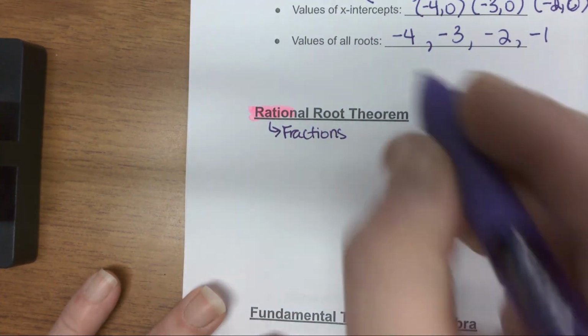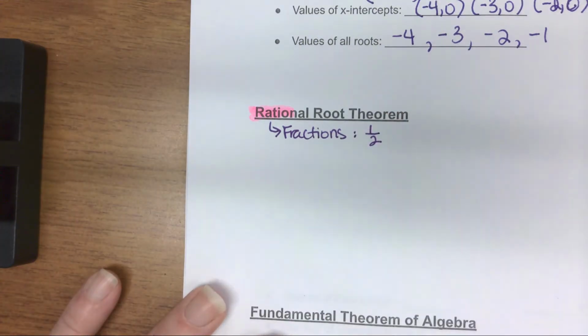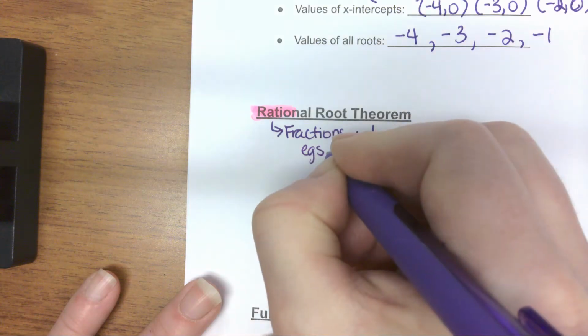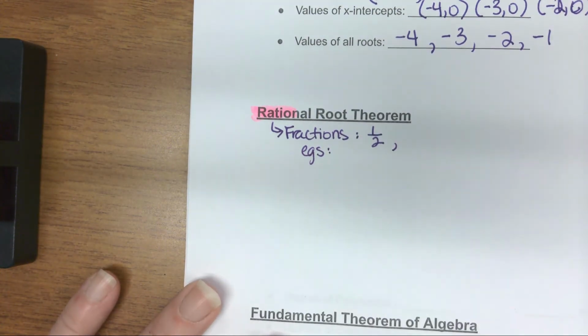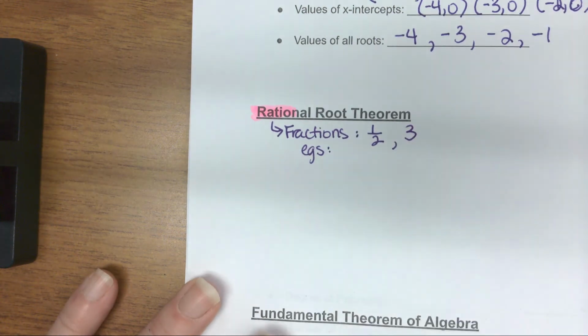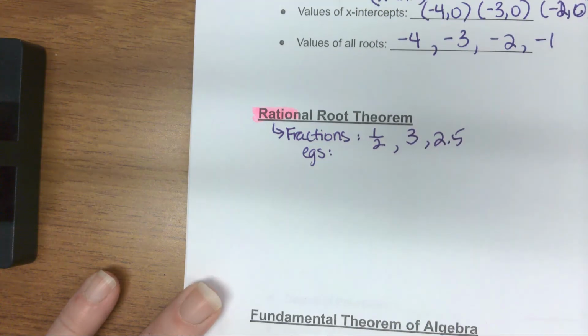So an example of a rational number would be 1/2. These are just examples. How about 3? Could you write 3 as a fraction? Three over 1, so 3 is a rational number. How about 2.5? Could you write 2.5 as a fraction?